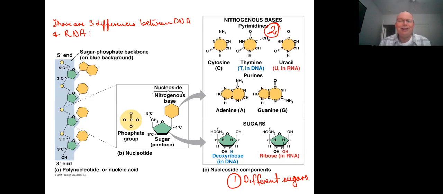Everyone's heard of the letters A, G, T, and C. Those are the ones that are found in DNA. So adenine, guanine, cytosine, thymine. Those are the DNA nitrogenous bases.